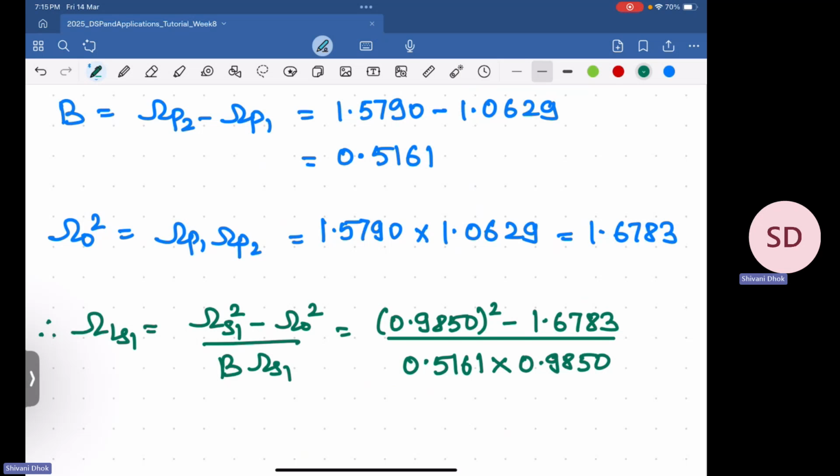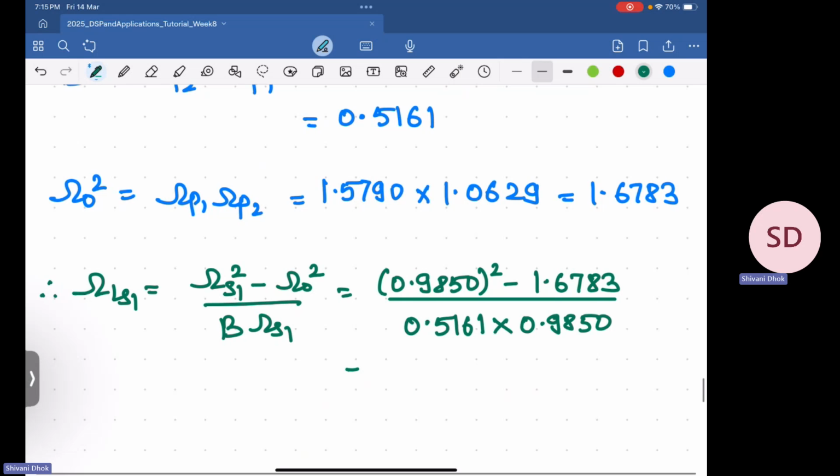So when we solve this, we'll have to use calculators again, this comes out to be equal to minus 1.3929. Is it clear?